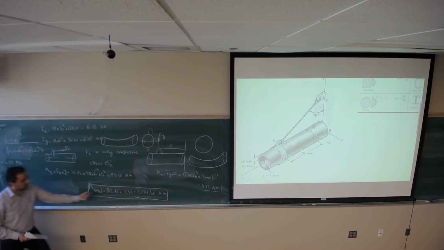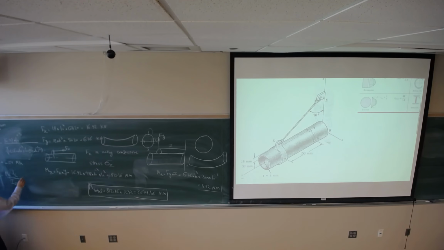The total bending moment is 44.60. Half of the diameter is 60 divided by 2, which is going to be 30 millimeter.